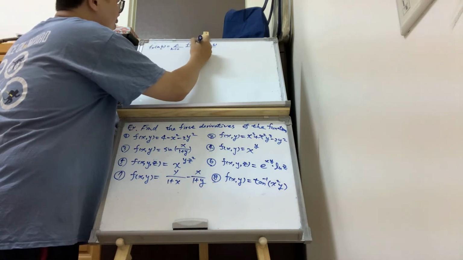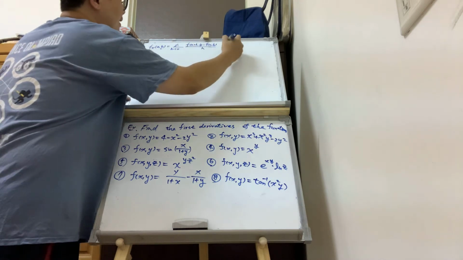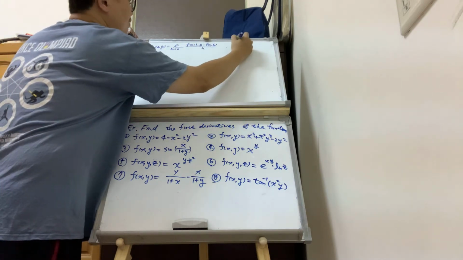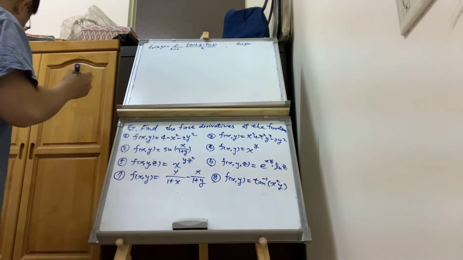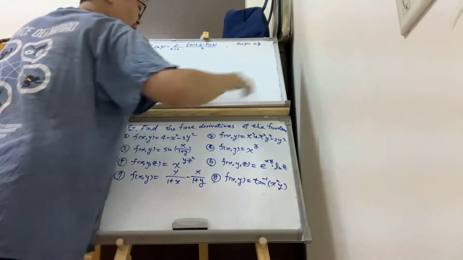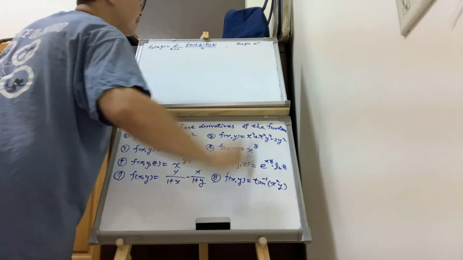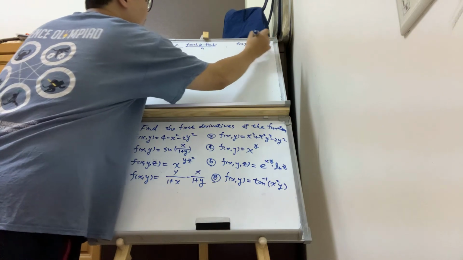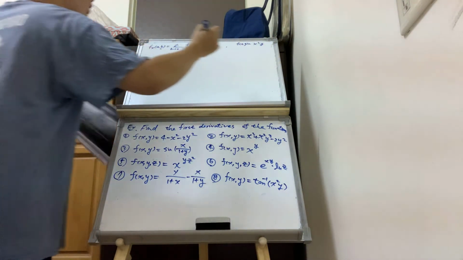The original definition is this one, where we fix the plane. Now we consider the function f(x, y), a simple function x squared times y, and the point is (1, 1).